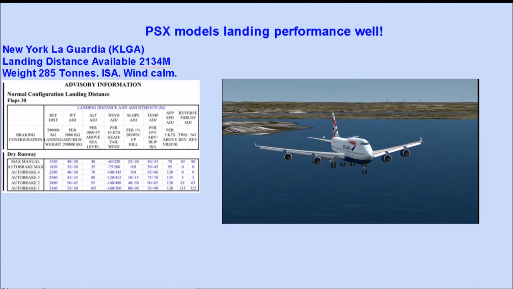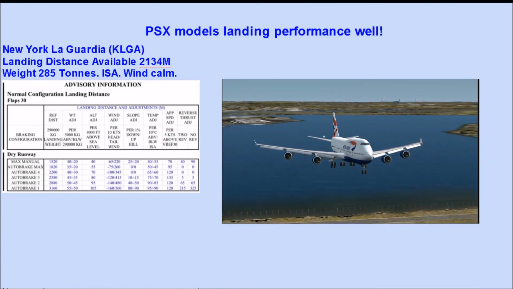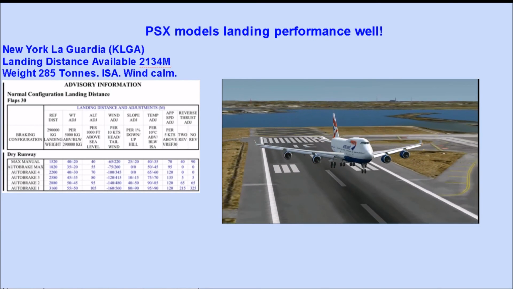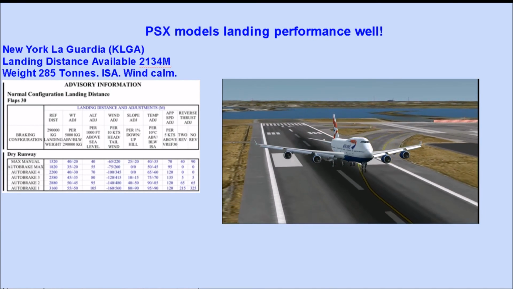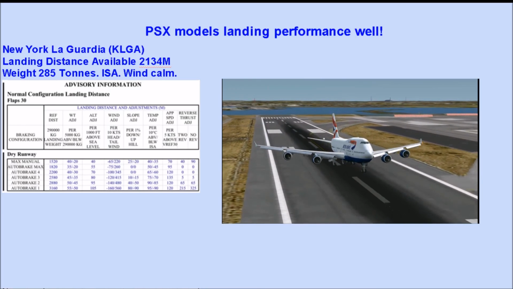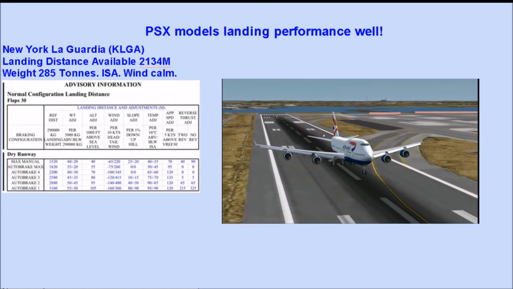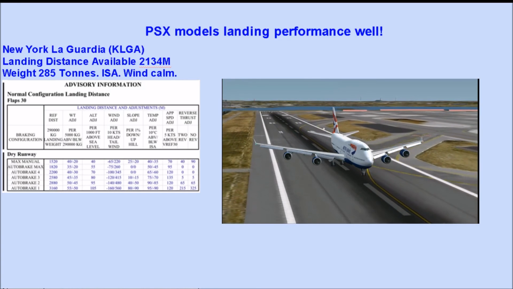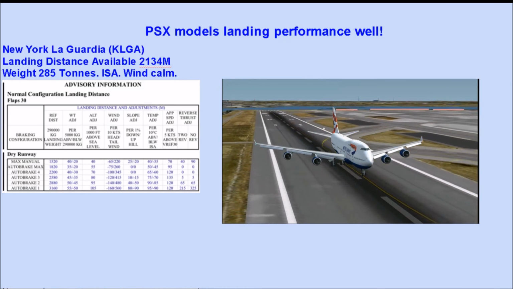Here we go again, this time at 285 tons, and I'm trying to land in the normal place about 460 meters down the runway, which is spot on. And then using full reverse again, and this time seeing how much runway we use again.